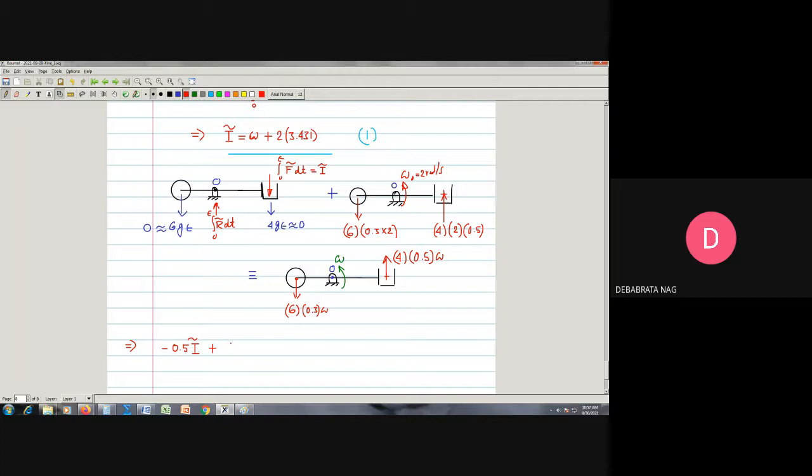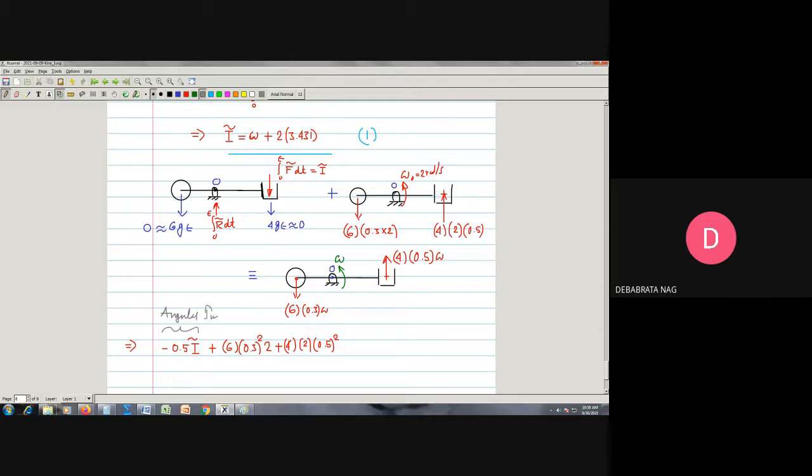So this will be 6 into 0.3 squared into 2, plus 4 into 2 into 0.5 squared. This is the angular impulse plus the initial angular momentum. That means the moment of the linear impulse is the angular impulse. Please note, this is your angular impulse, correct?